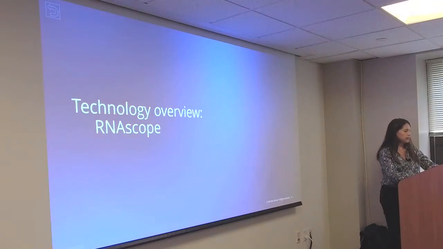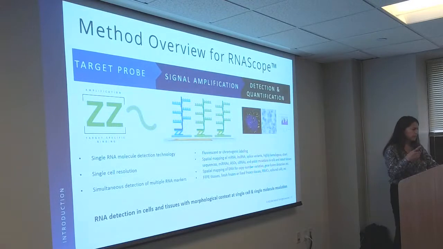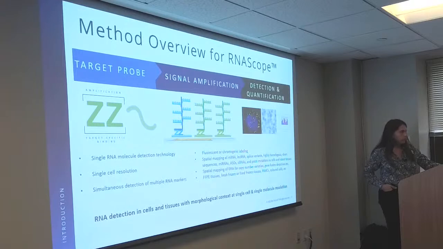All right, so here's the technology overview for RNAscope. So how this works is from left to right. Together, we'll pick a target probe. The probe's hybridization to transcript will form the basis for the assembly of a branched DNA structure that'll allow me to pile onto any one instance of your transcript.